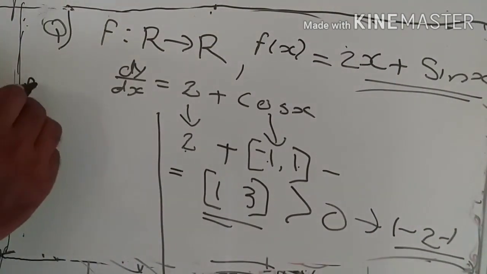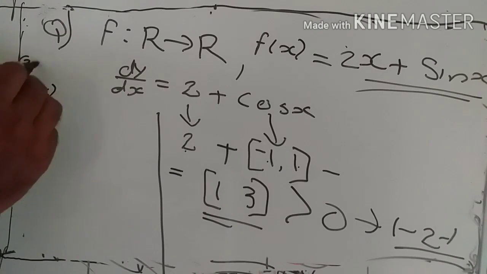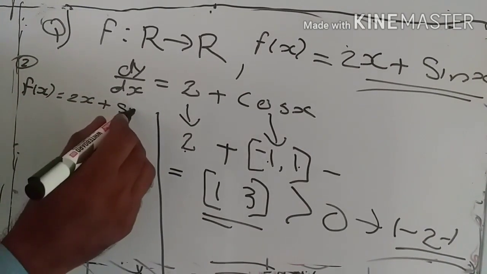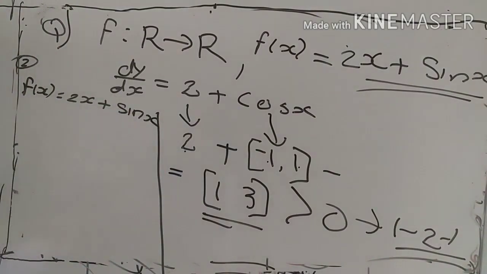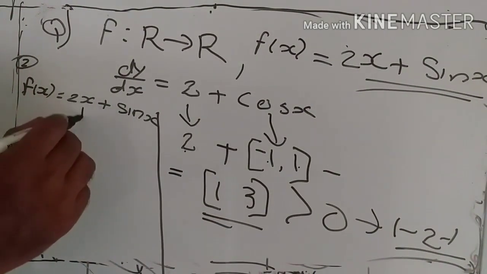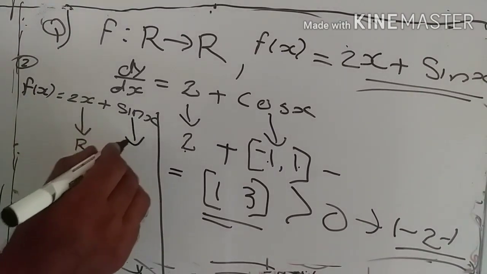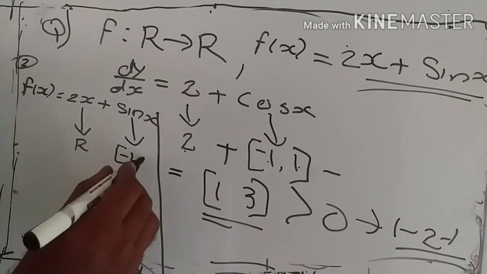Now, what is the range of f of x? f of x is equal to 2x plus sin x. This x is R and sin x is from minus 1 to 1.